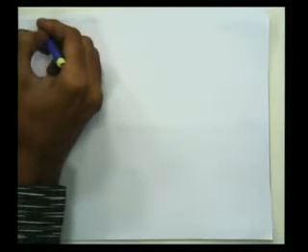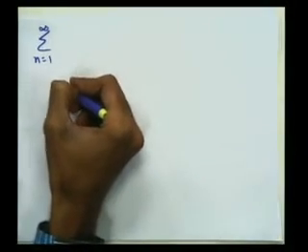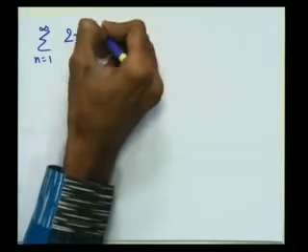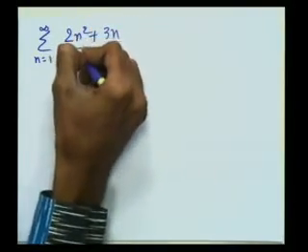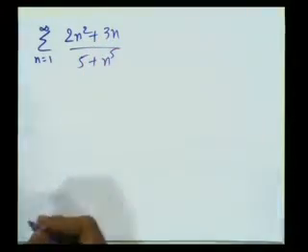Let's take one example, to check the convergence of sigma n equals 1 to infinity of (2n square plus 3n) upon (5 plus n raised to 5).